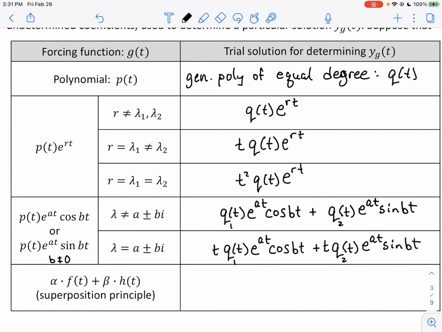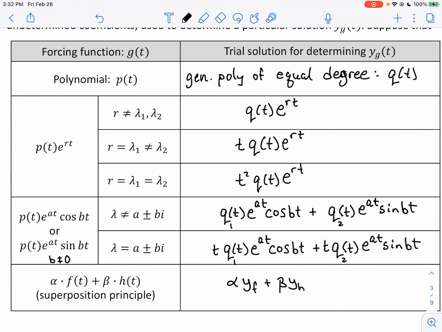And then the other one is if your forcing function is a combination of other functions, so some alpha times f plus some beta times h, and you happen to already know what your particular solution would be for just f or for just h, so y sub f and y sub h, then you can get your new particular solution by doing alpha times y sub f plus beta times y sub h.